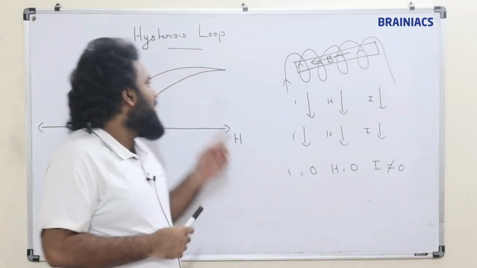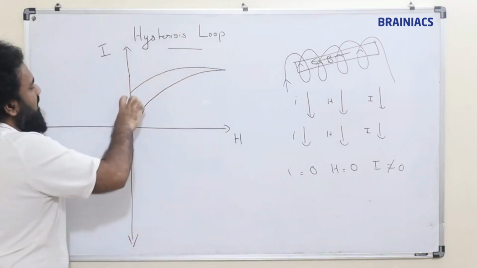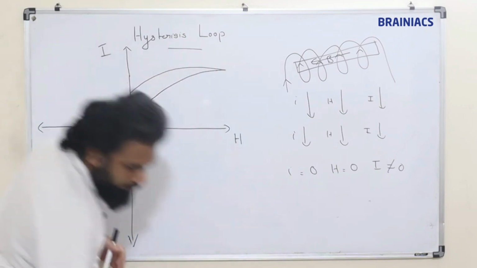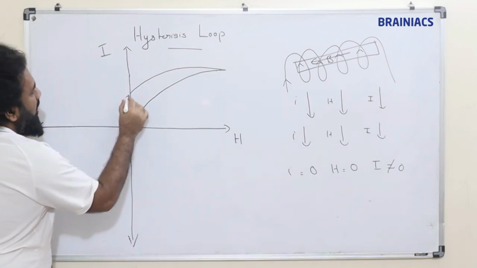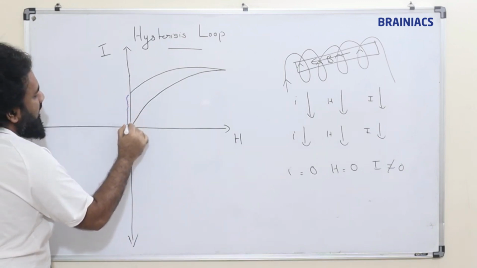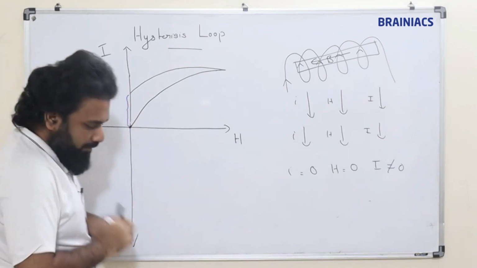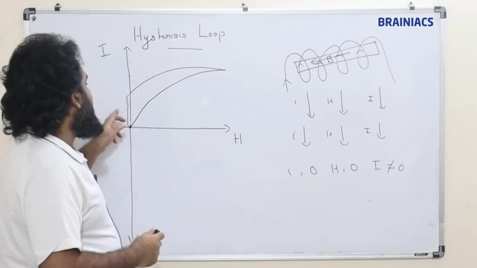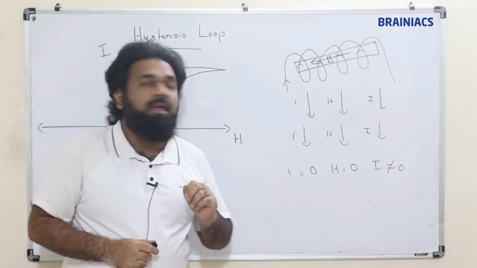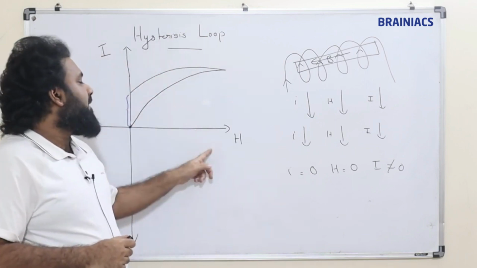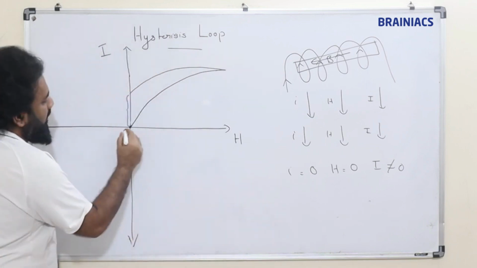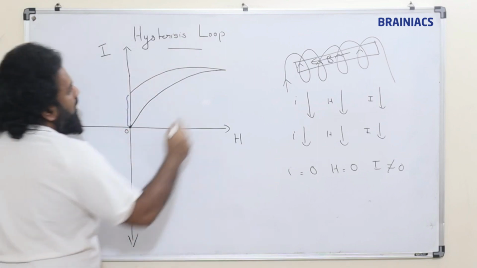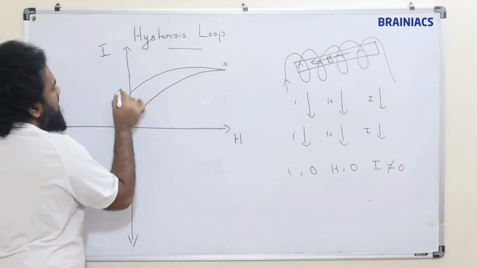That is why this much value of I is still there even after making H zero. Let us mark this point O, say A, and let us call this B.